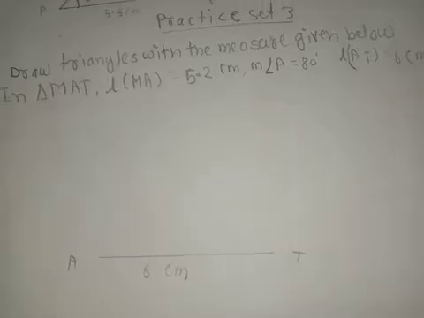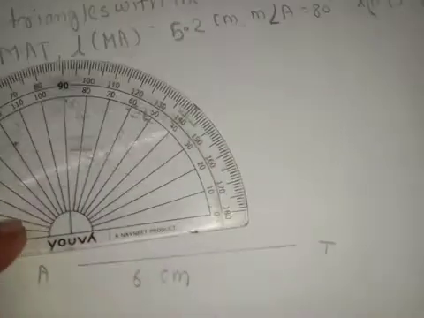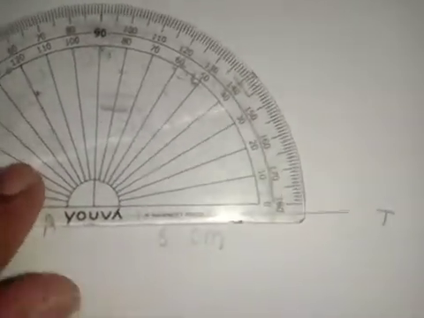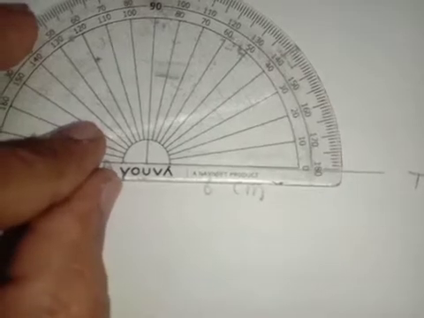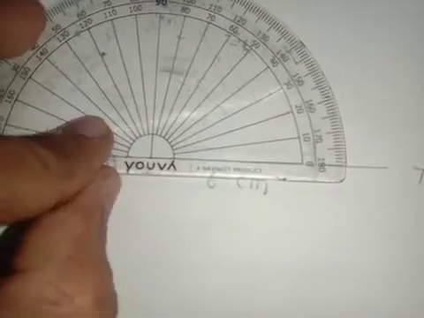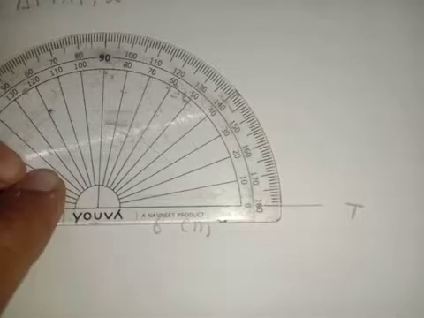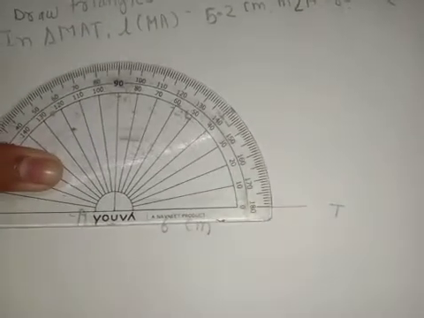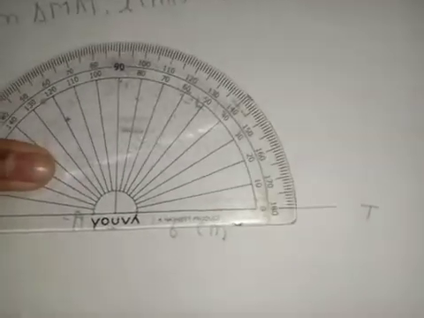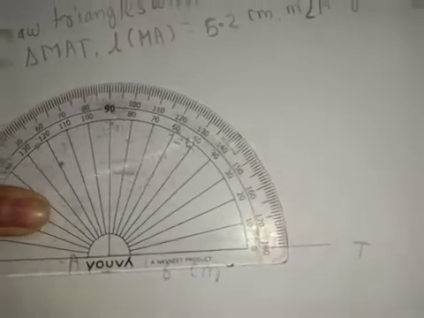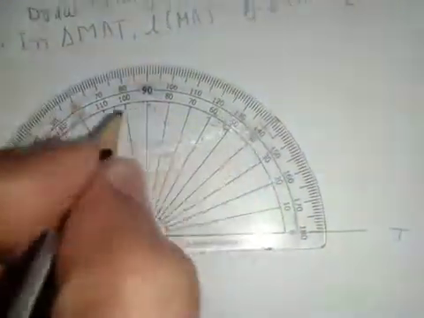We will measure the angle. Match the center of the protractor with the point on the straight line, and take a measure of 80 degrees in the anti-clockwise direction like this.